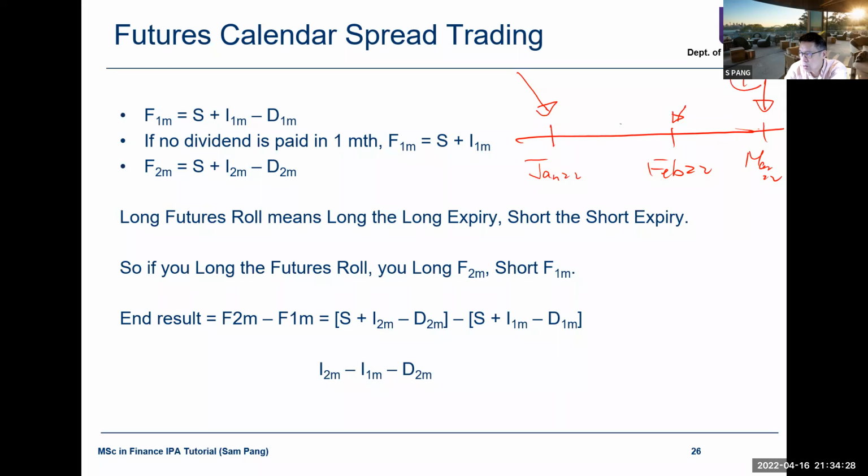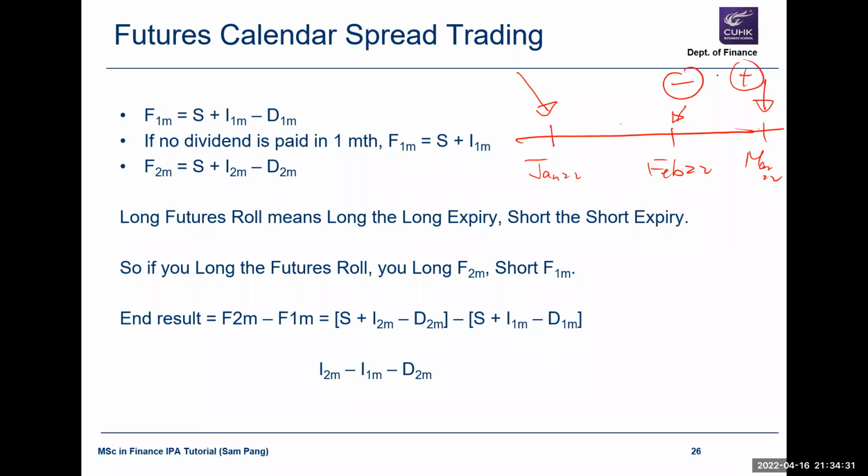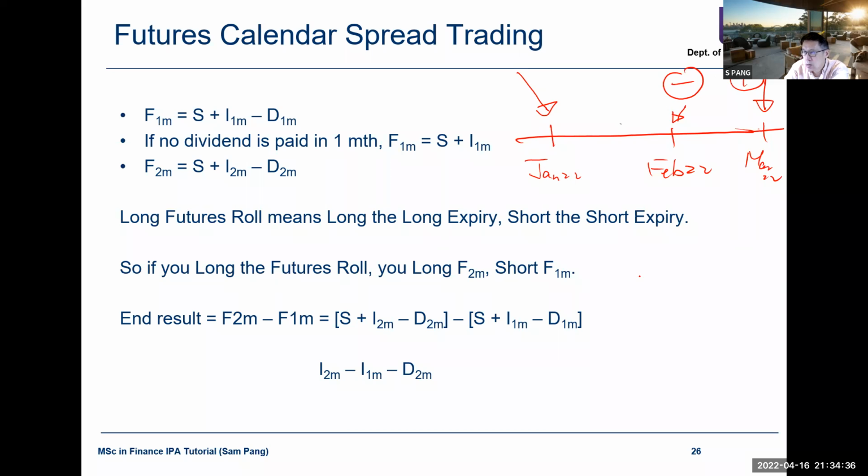So you go long this one and you short this one. Using a very basic formula, the 2 month futures, looking at it today, will be the spot price plus the 2 month interest cost, which is $2, minus whatever dividend will be paid.